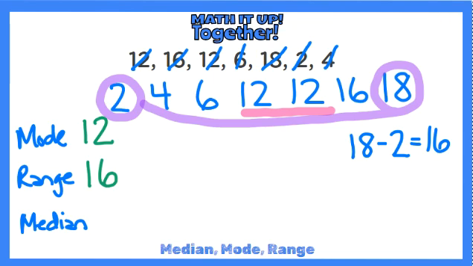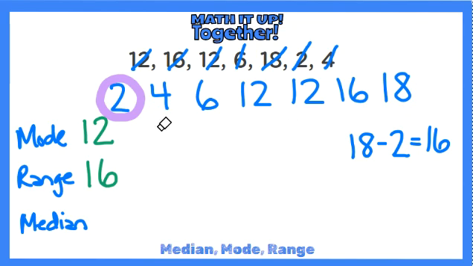And then finally, I'm going to do median. Median, if you remember, is the middle number. So I'm going to erase this since we have that, and work on median now. We want to count in toward the middle and find that middle number. Sometimes that middle number is part of our data set, one of our data points, and sometimes we have to figure it out.